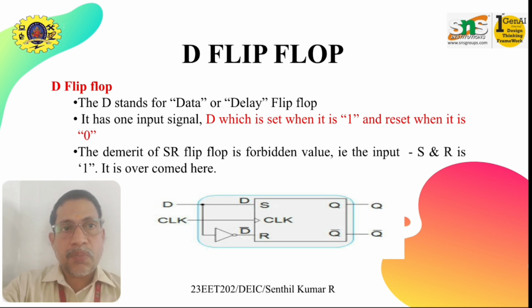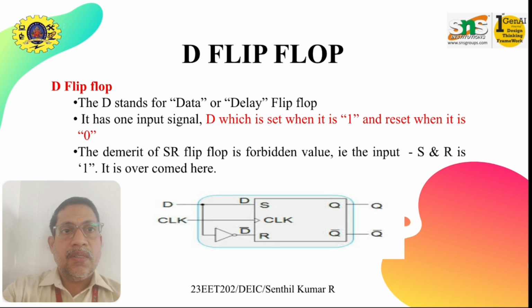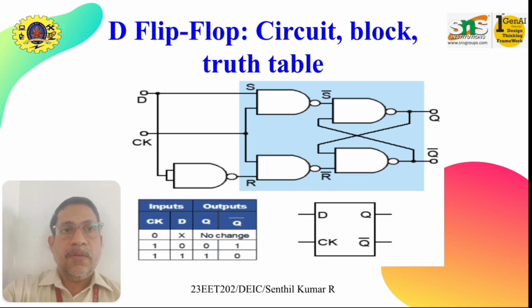As per the truth table and the excitation table, it remains similar to the SR latch or SR flip-flop, except that S equal to 0, R equal to 0, and S equal to 1, R equal to 1 don't exist. See here, this is the entire circuit diagram of a D flip-flop.